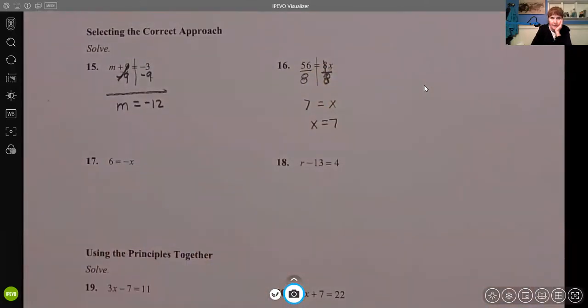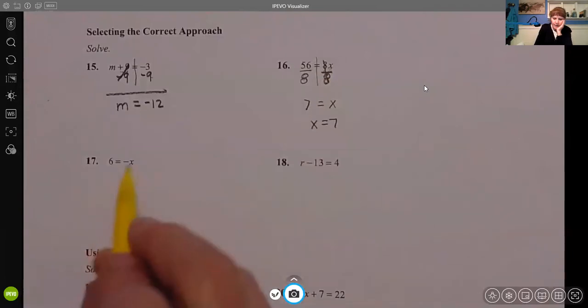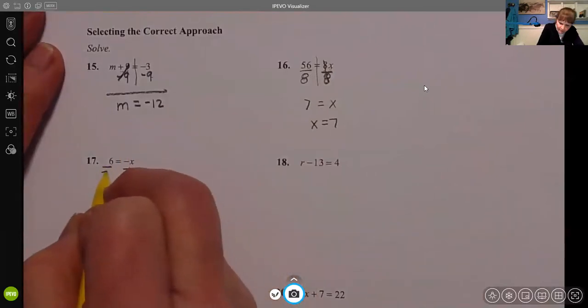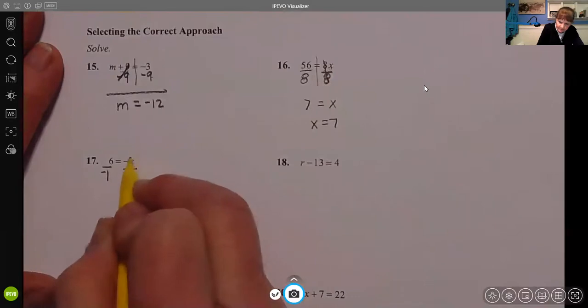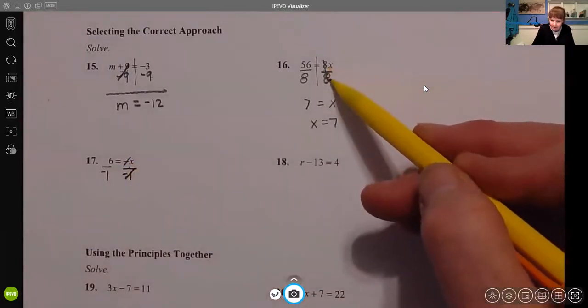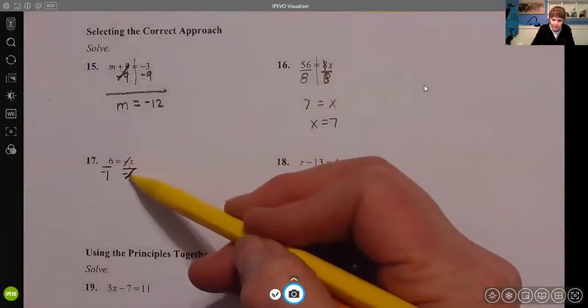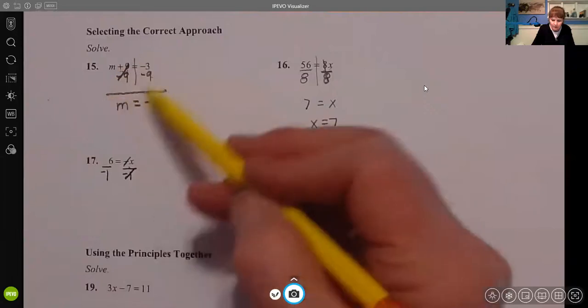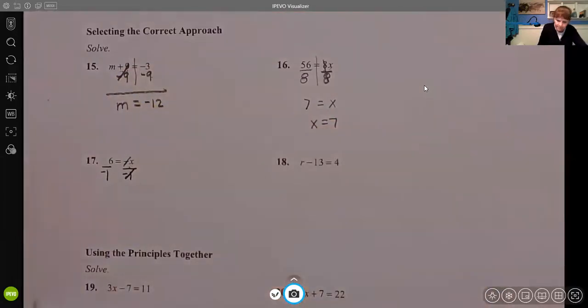Let's look at number 17. I have a negative 1 in front. So to get rid of that negative 1, I divide by a negative 1. So it cancels. Remember it now. Here, to get rid of the 8, I divided by 8. To get rid of the negative 1, I divide by a negative 1. But when you're adding, then it's the opposite.